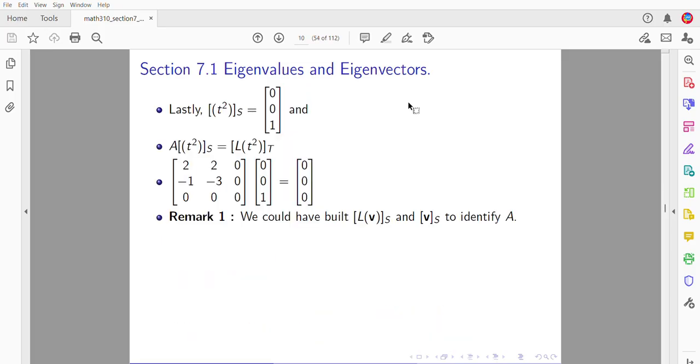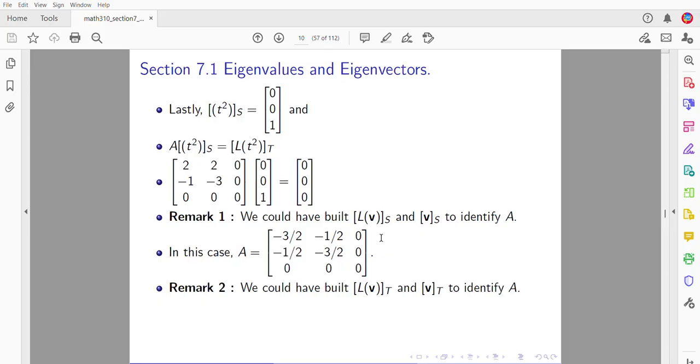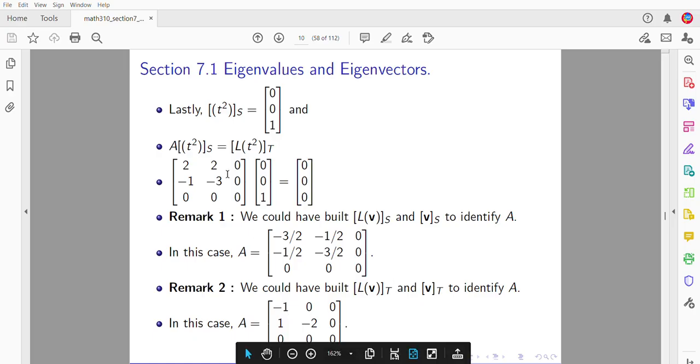S for left and S for right, you get A. T for left, T for right, you get another matrix A. So all these matrices are different, but the eigenvalues will be the same. The point is, eigenvalue depends not on the matrix as much as on the linear transformation.